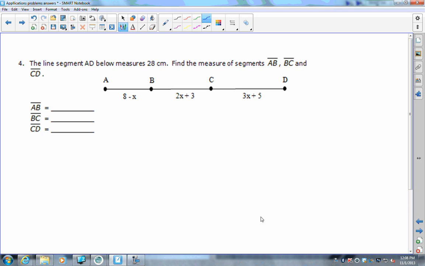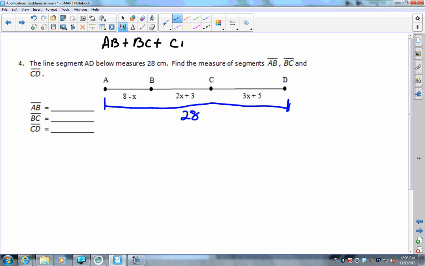Okay? It says the line segment AD, so A to D, is 28. And it wants us to find the measure of all these other little ones like AB, BC, and CD. So basically, if you add them all up, so if I take AB plus BC plus CD, each one of these segments, it should equal that whole big segment.